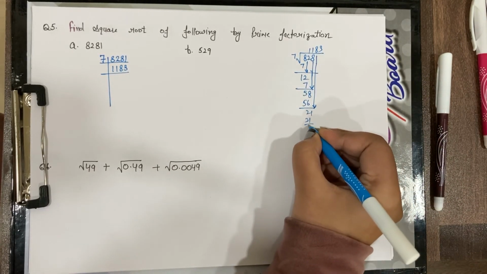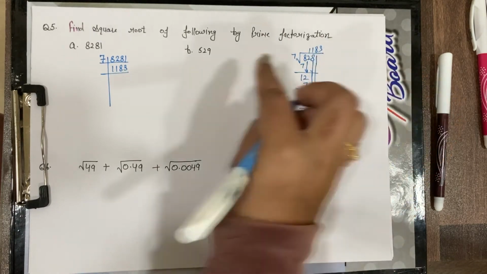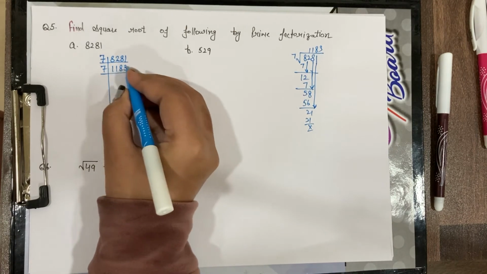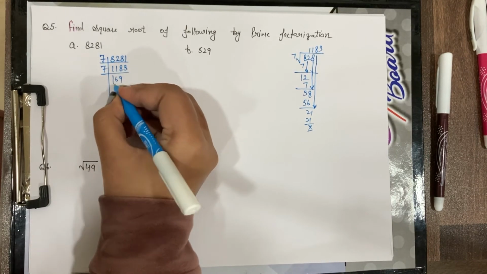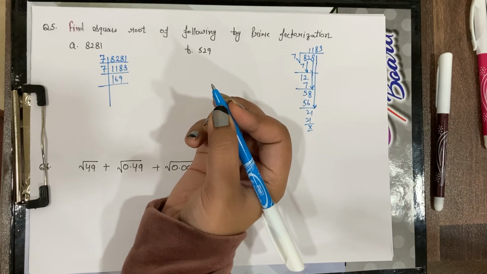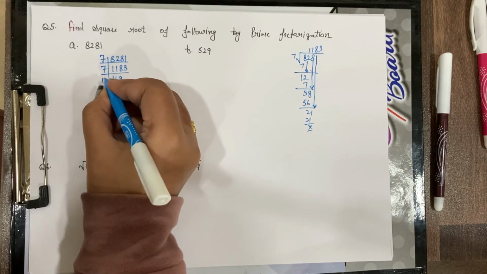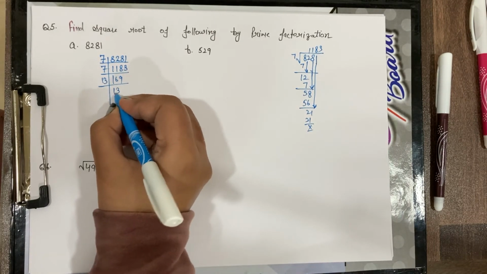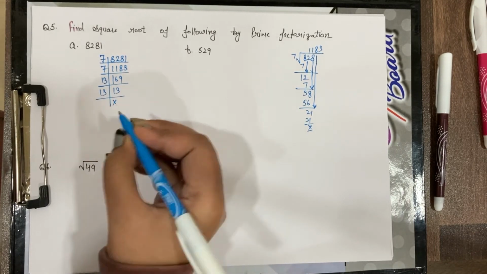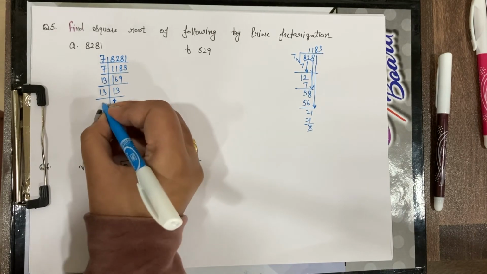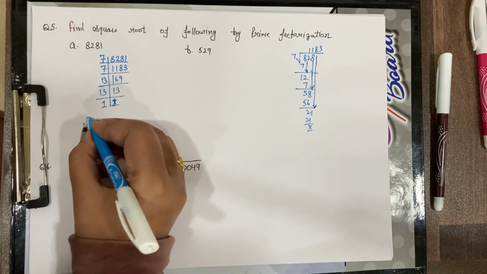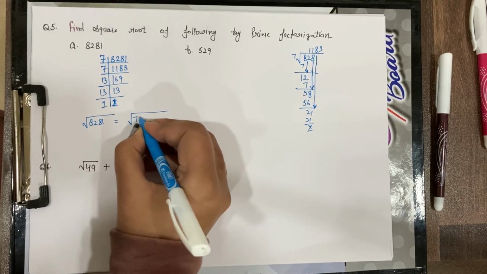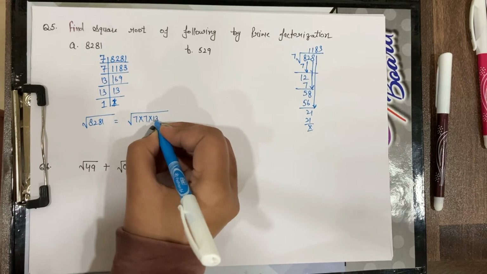Right? So you are getting 1183. Now it's again divisible by 7. When you divide, you will get 169. Keep checking. 13 will divide 169. When you divide these two numbers, you get 1. So the square root of 8281 is 7 into 7 into 13 into 13.